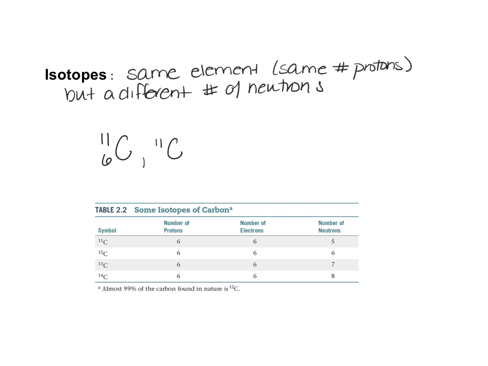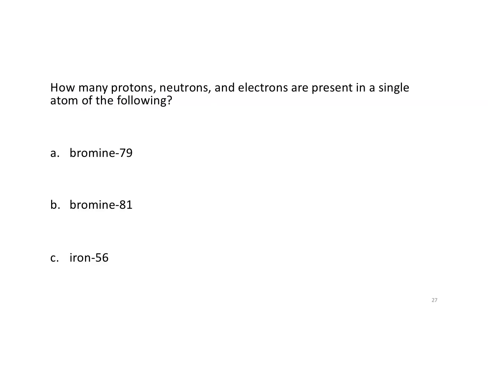You can see it written like this, or you can see it written as carbon 11, where the 11 is the mass number, and that's all the different places you can put it. Here, you can look at the periodic table and figure out the atomic number is 6 for carbon, right? So, I would like for us to do some examples.